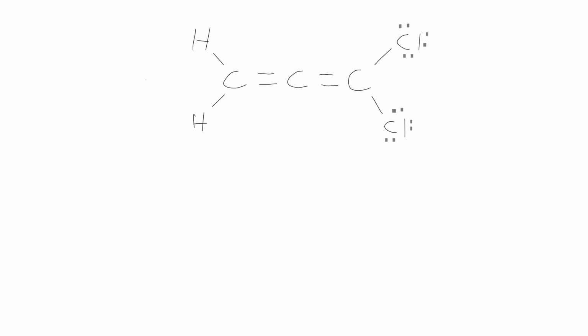So next we'd be looking at the bonding between the carbon on the left and the central carbon. And here we have a double bond. Remember, whenever we have a double bond, one of those bonds is a sigma bond, one of those bonds is a pi bond. So let's start with the sigma bond. Sigma bonds we want to talk about as overlap of hybrid orbitals.